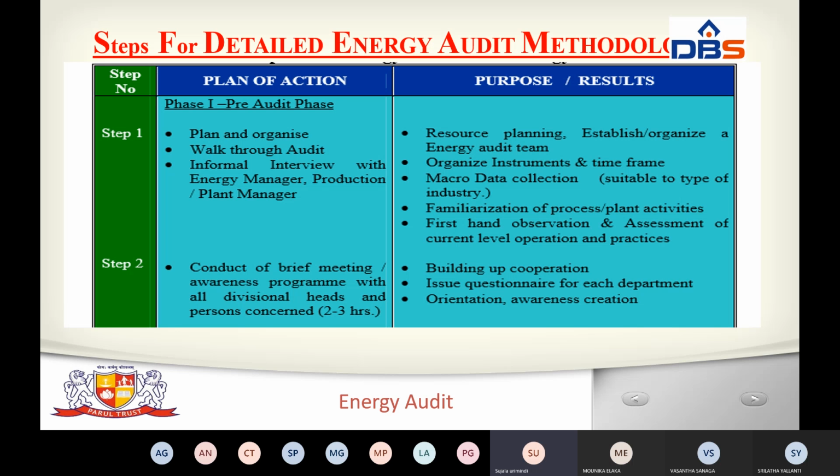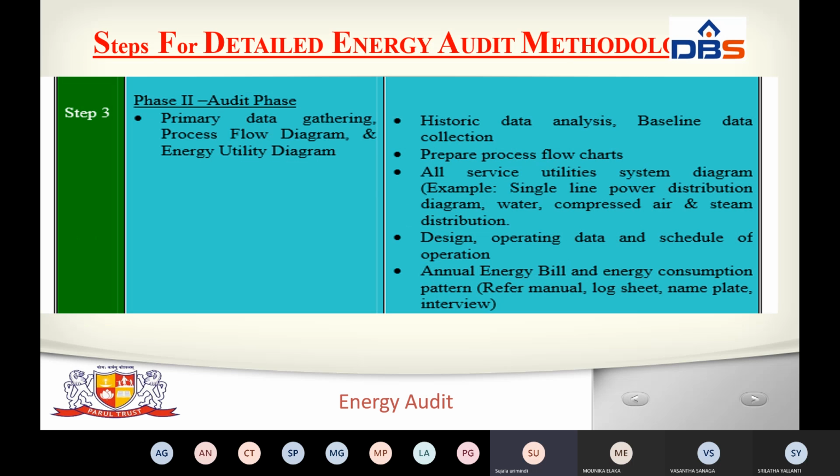Then in step 2, they conduct a brief meeting. The purpose of this meeting is orientation and awareness creation, issuing questionnaires to the different departments, and building up cooperation. This comes under the phase 1 point of view.